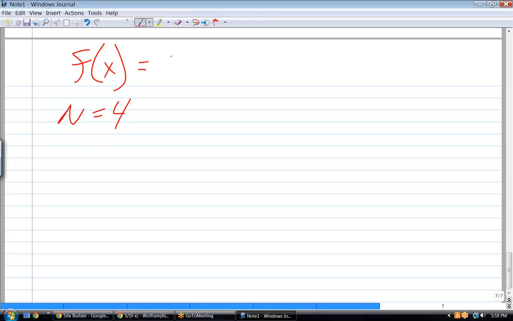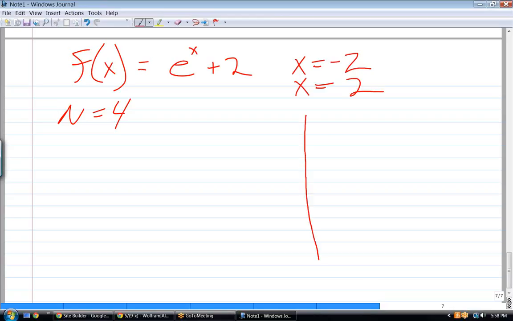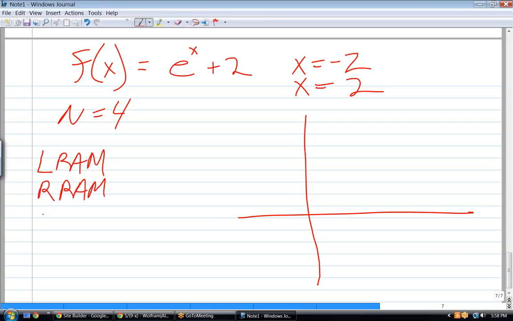And f of x equals e to the x plus 2 from the intervals x equals -2 to x equals 2. And then part A says use the left endpoints, B use the right endpoints, and then C the average between them, D the midpoints.